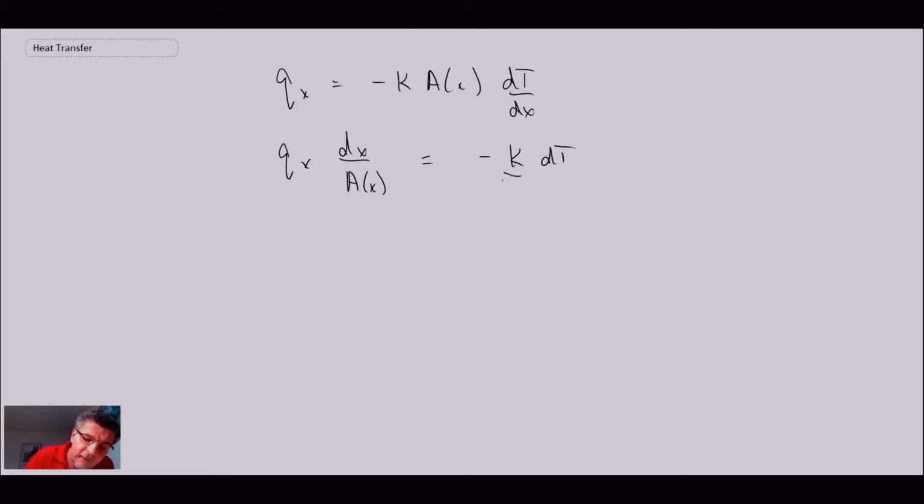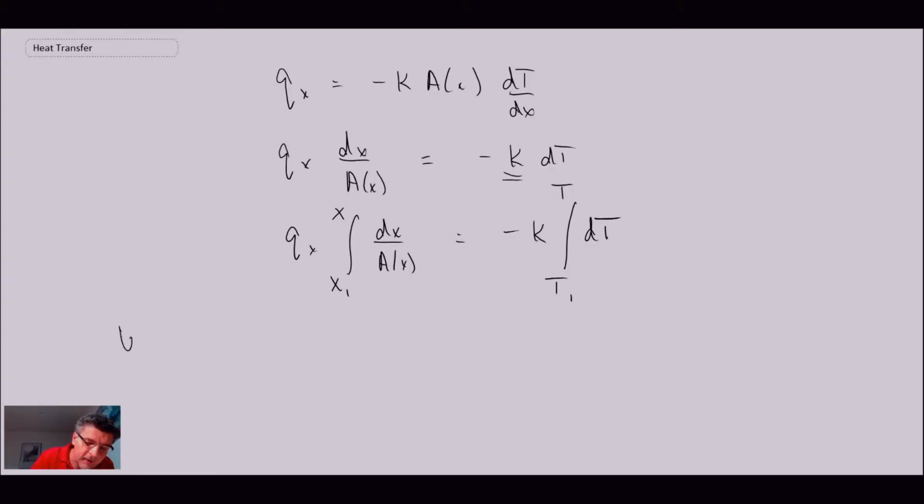This is where we said we're going to assume that the thermal conductivity is not a function of temperature, so that enabled us to pull it out of the integral. So we have qx, and we integrate from some boundary condition where we know what's going on to some x location where we're trying to figure out the temperature. You divide that by A as a function of x, pull k out of the integral from T1, the temperature at the boundary condition at 1, and then we have the integral of dT.